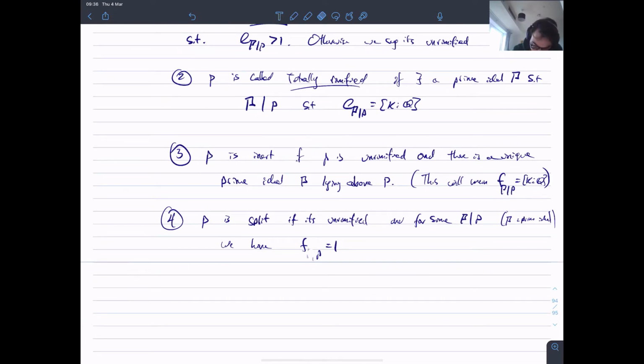So if for one of the primes showing up in the factorization of the ideal generated by p, you get a residue degree 1, then you say it's split.